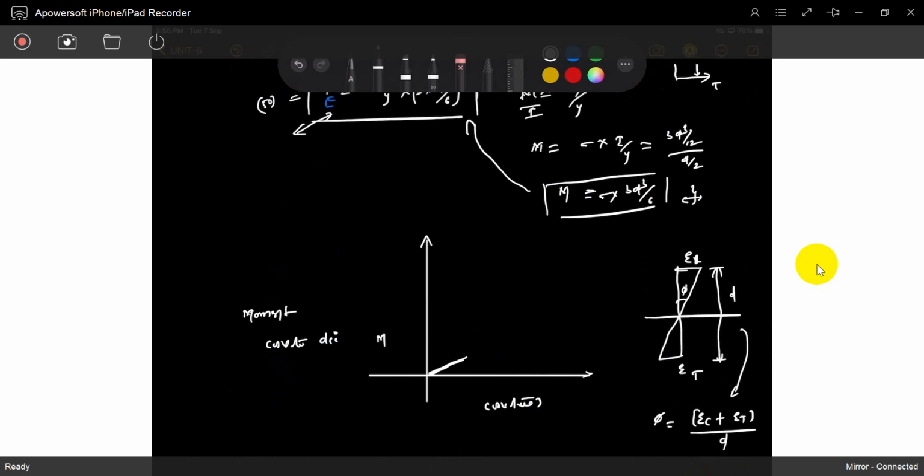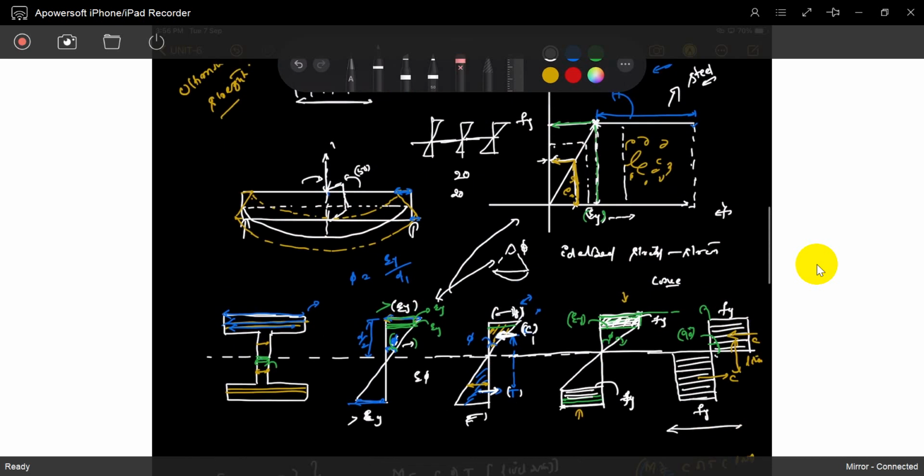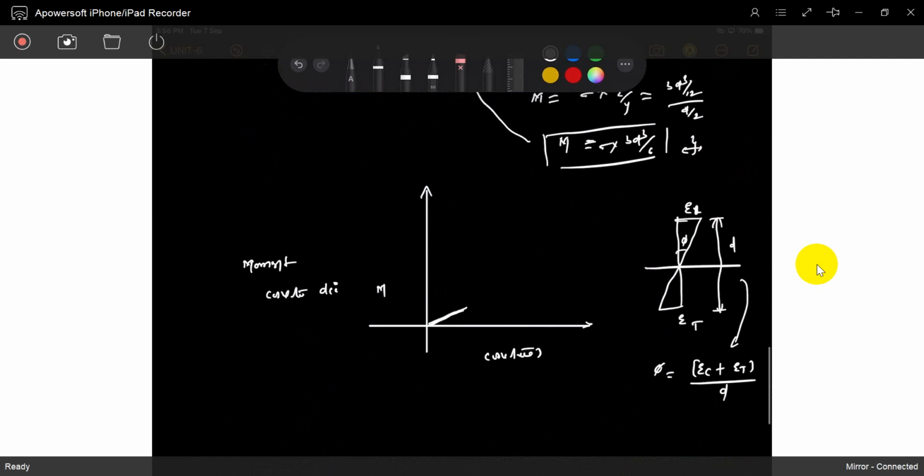Later it will cross the proportional limit and the strains will increase abruptly. Have you understood? Once it crosses this elastic limit, the strains increase easily. There is no increment of stress, it increases automatically. A very small force leads to large strain. It will go like this.